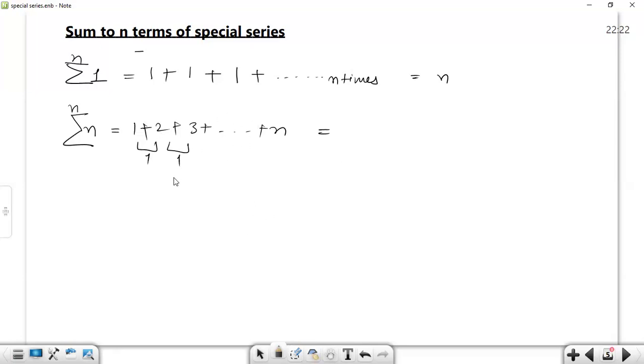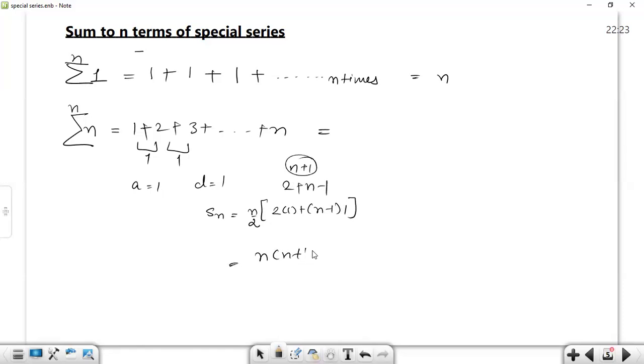So there is an AP having first term a as 1, common difference 1, and number of terms n. Sum of n terms is n divided by 2 into 2a plus n minus 1 into d. So this becomes 2 plus n minus 1, which is n plus 1. So this becomes n into n plus 1 divided by 2, which is our result.